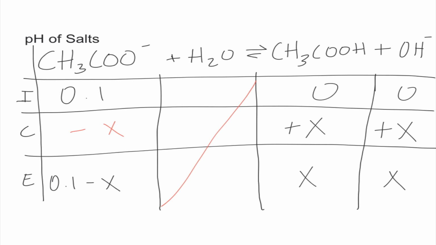So now that we know the concentrations of everything at equilibrium, we can now set up the equation for Kb, which is products over reactants, and that will be the concentration of this times the concentration of this over the concentration of this. So in the next page, I'll write it as x squared because it will be this times this over 0.1 minus x.